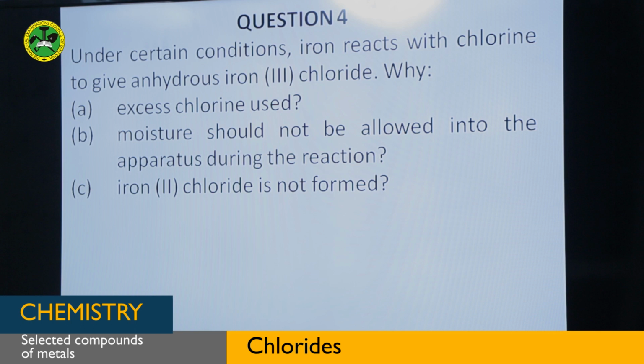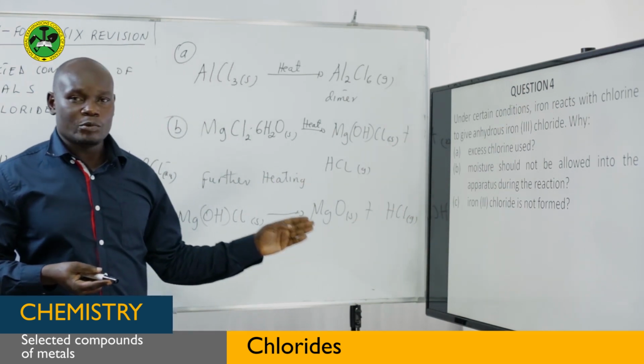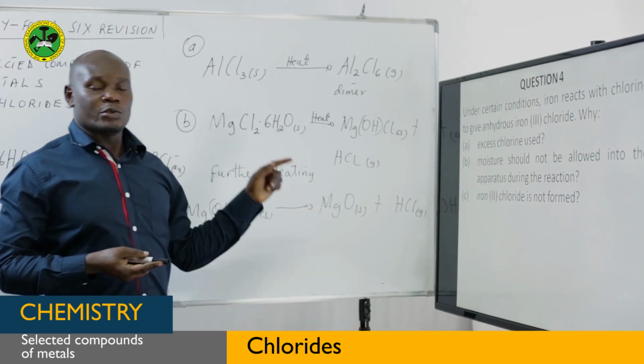B: Moisture should not be allowed into the apparatus during the reaction. Why should moisture not be allowed into the apparatus during the reaction? And C: why is iron 2 chloride not formed? So that is another assignment question that you need to do.